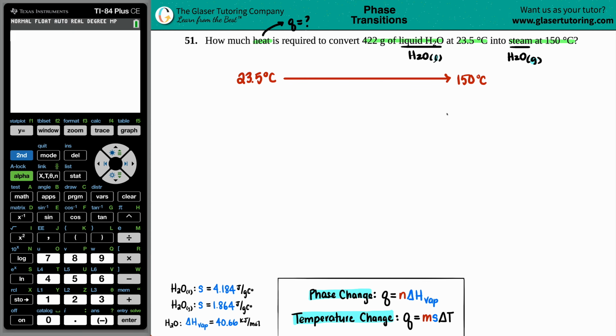Now, for phase changes, we should remember certain temperatures for water. There are only two temperatures that we have to know.